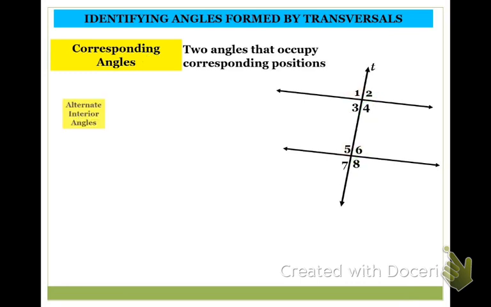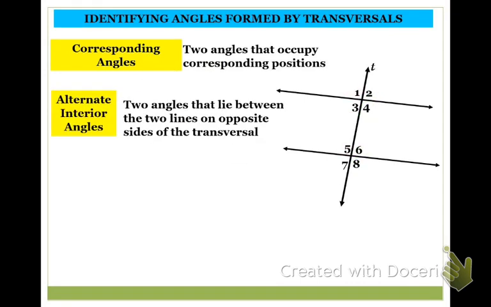All right. Now we have alternate interior angles. So interior of what? What would help me figure out what's interior? On the inside of what? Yeah, you draw your box between your two lines. All right, so interior, we're not talking about these angles or these angles.